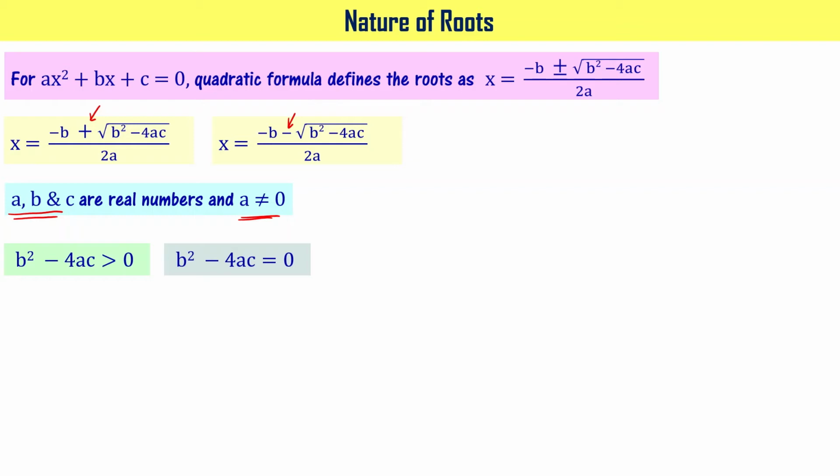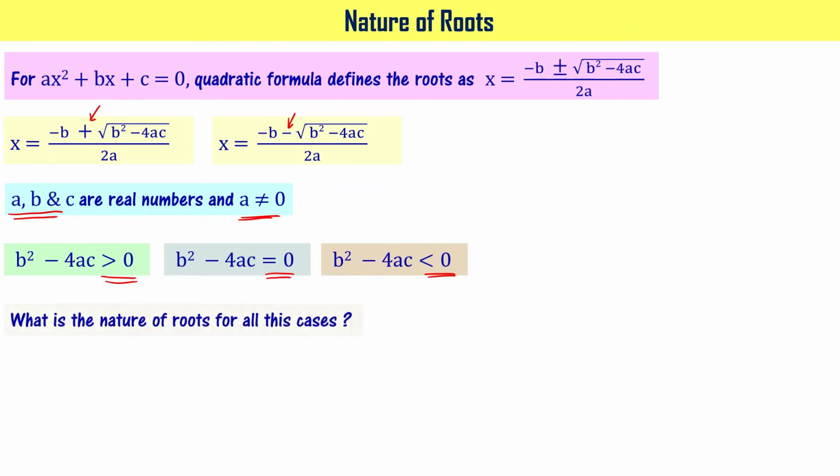It can be equal to 0 or it can be less than 0, right? When I say that a, b and c are real numbers, if you look at the value of b square minus 4ac, it can be greater than 0 or equal to 0 or less than 0, right?